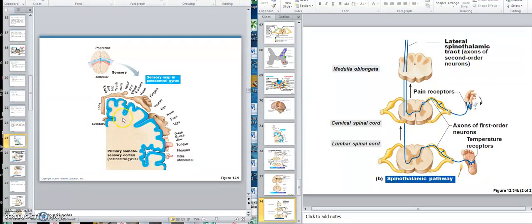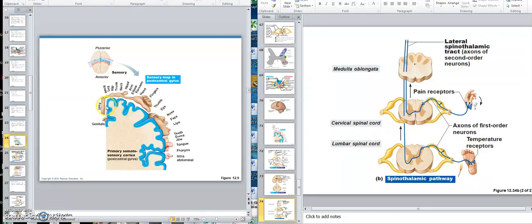So, for example, here's the foot right here. You've got a few receptors like that, but the face has a lot of them. Here's the finger. So when it gets to the brain, that little strip right there, here's the foot.